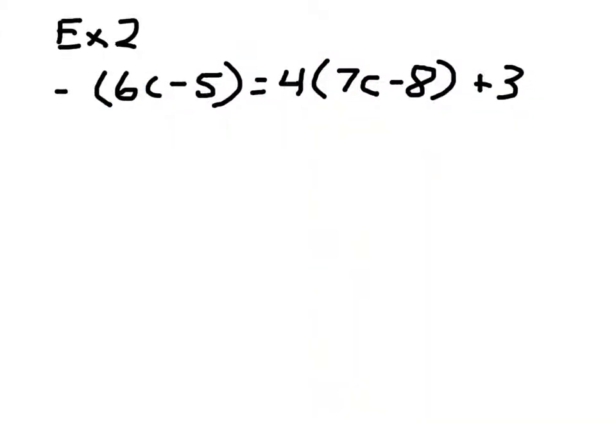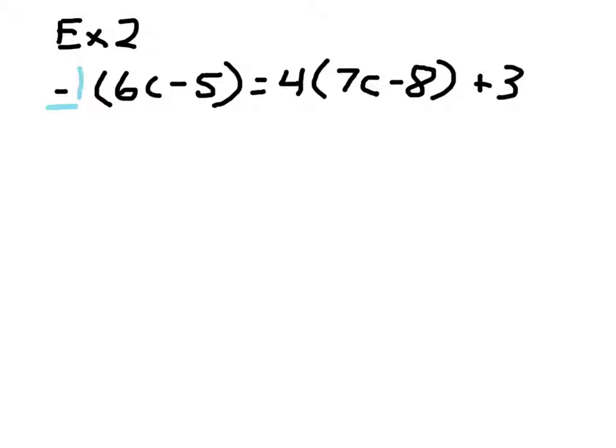In example 2, we're going to do one more example, and we're going to simplify both sides of the equation. On the left side, I need to distribute a negative, or in other words, a negative 1. This is kind of a tough concept.